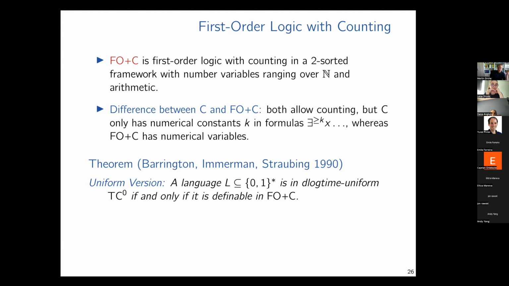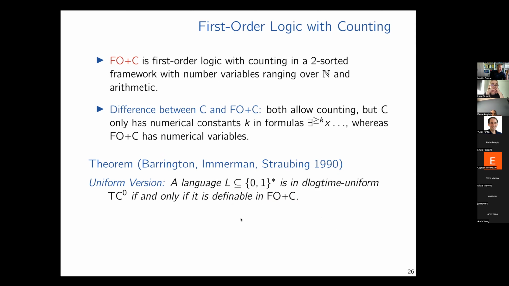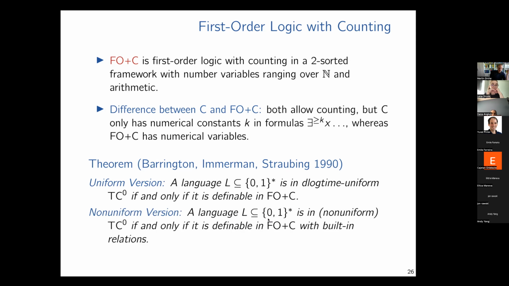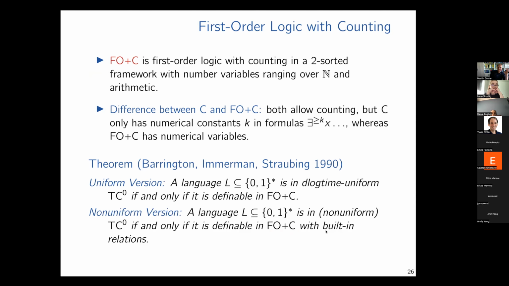The uniform version is: a language is in DLOGTIME-uniform TC0 if and only if it is definable in this logic FO plus C. And the non-uniform version says the language is in non-uniform TC0, which is the default, if and only if it is definable in this logic FO plus C, but now with built-in relations.